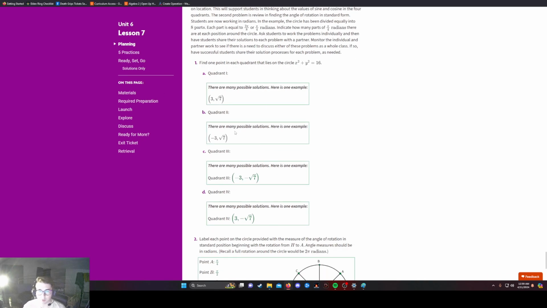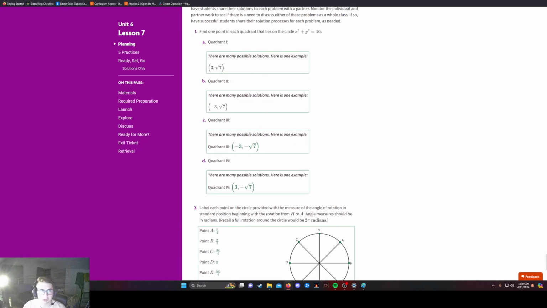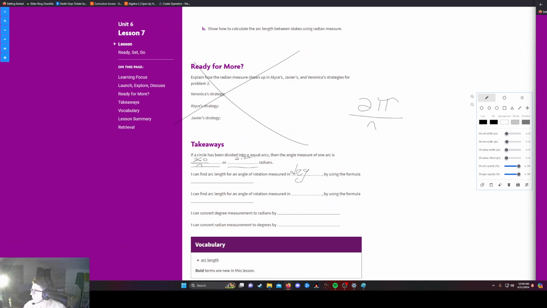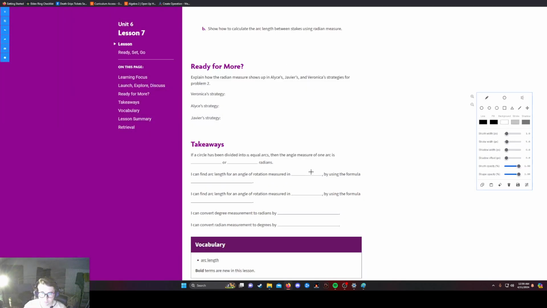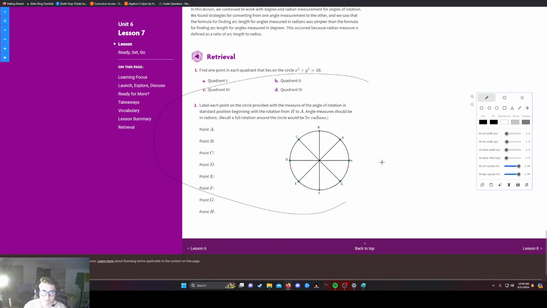What I would like you guys to spend the rest of class doing, let me put that away because that actually has the solutions. You never saw that. Is do this. So we will do this together. Label each point on the circle provided with a measure of the angle of rotation in standard position, beginning with HA. Angle measures should be in radians.